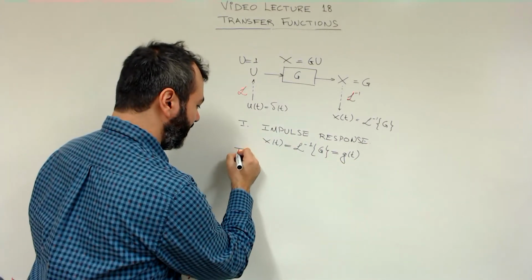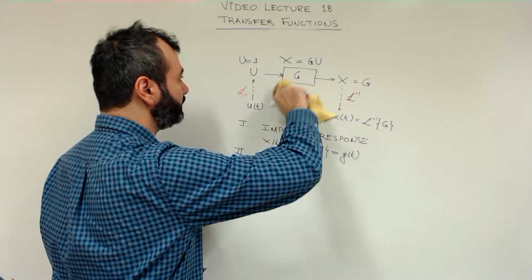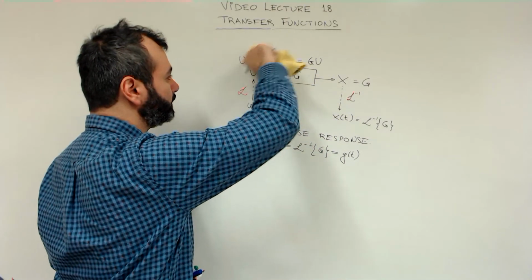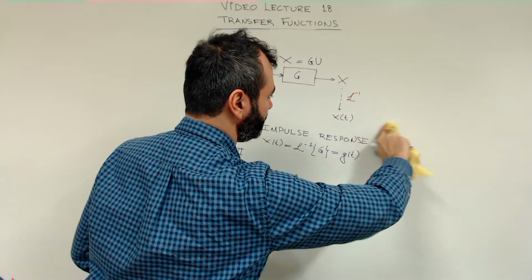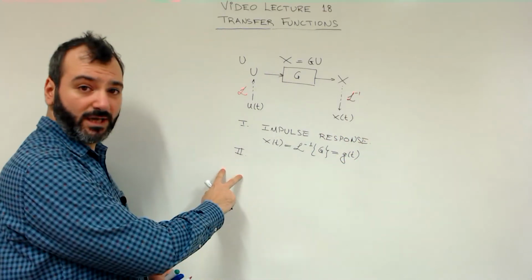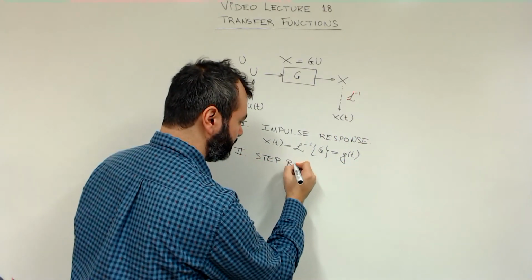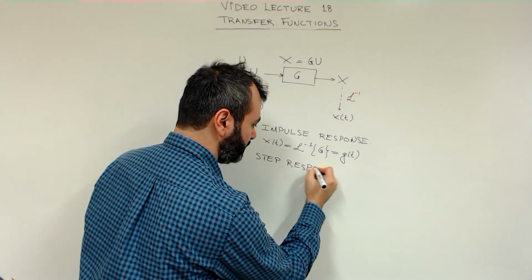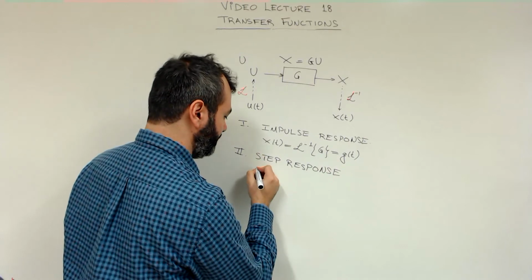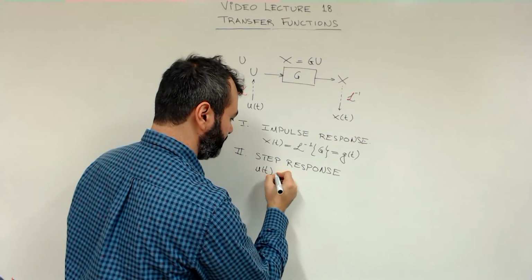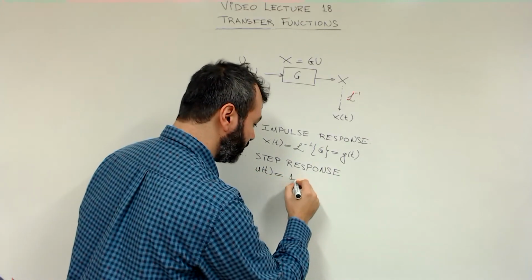Now the second case is the step response. What happens if u of t is equal to 1?